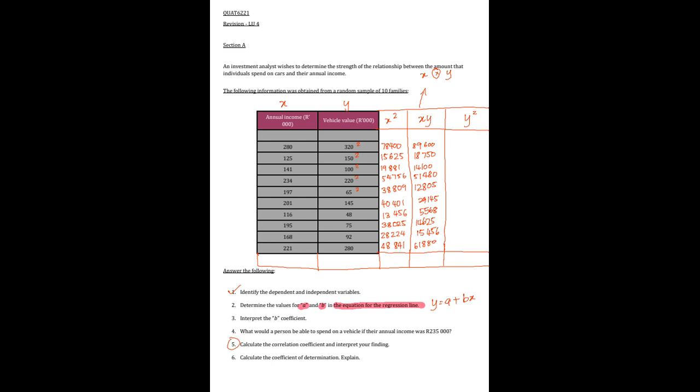So 320 squared is 102,400. 150 squared is 22,500. Then 100 squared is 10,000. 220 squared is 48,400. Then 4225.